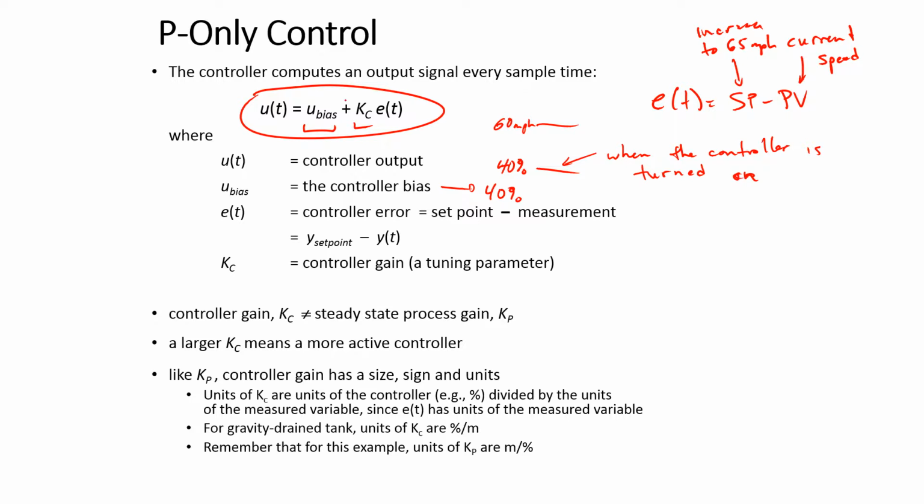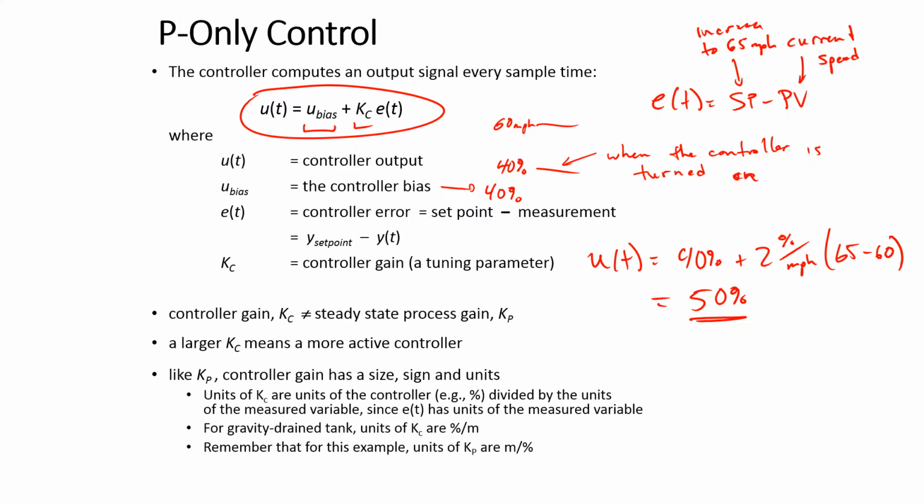Let's calculate this now: U equals 40% plus 2% per mile per hour error, times 65 minus 60, and that is going to give us a new value for our gas pedal of 50%. So when we wanted more speed, it asked for more gas pedal to our car.